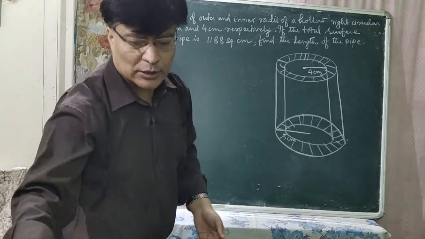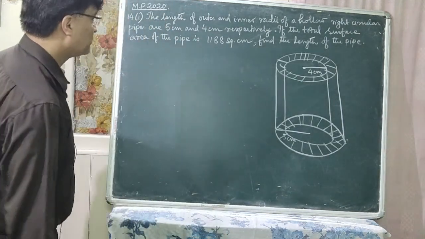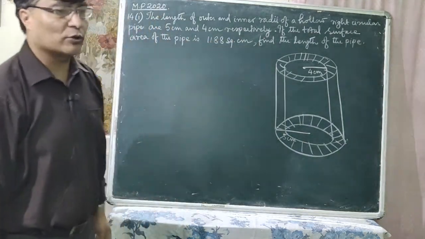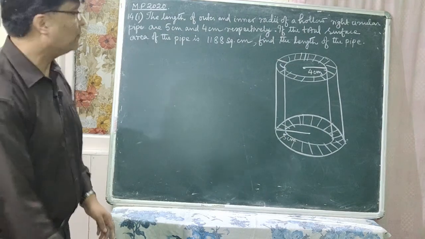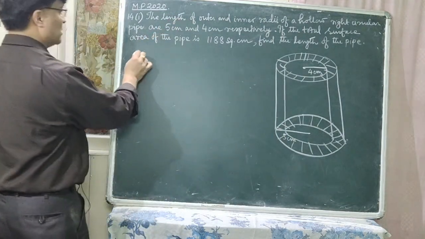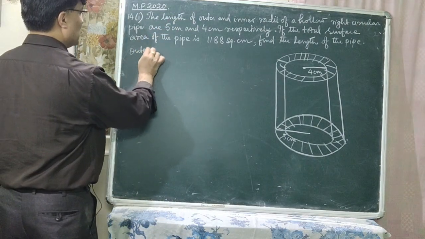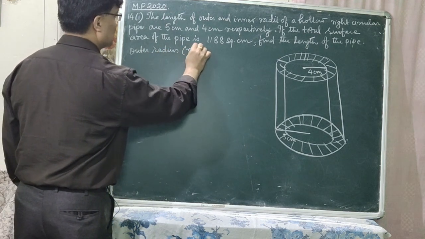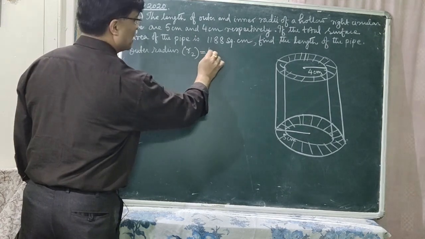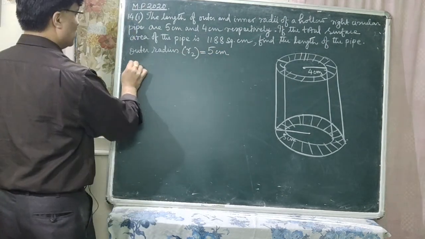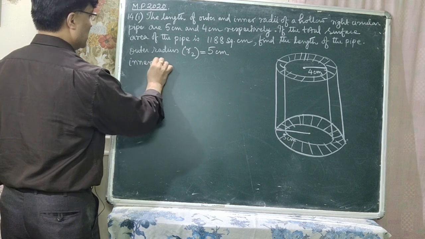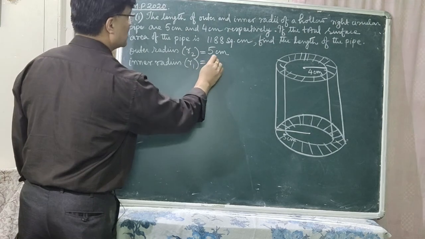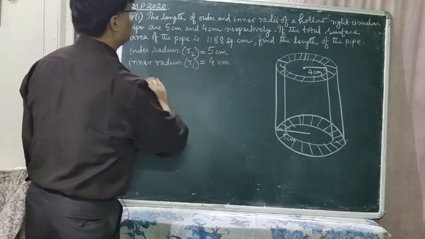Is that clear? So let us find it now. So what is the formula for total surface area of the right circular cylindrical pipe? Okay, so here outer radius, let us write down outer radius. Outer radius is taken as R2, which is equal to 5 cm. And here what is inner radius? Inner radius is taken as R1, which is equal to 4 cm.